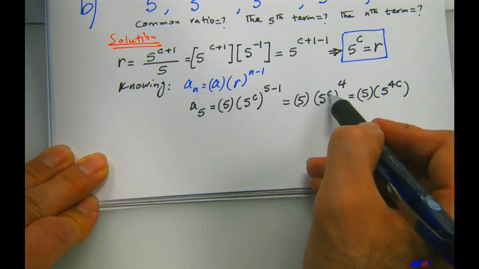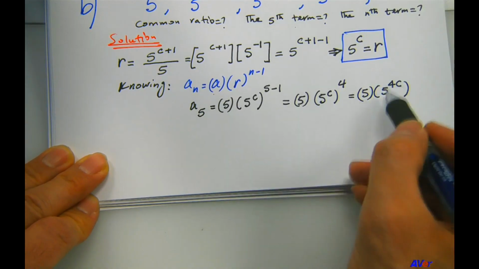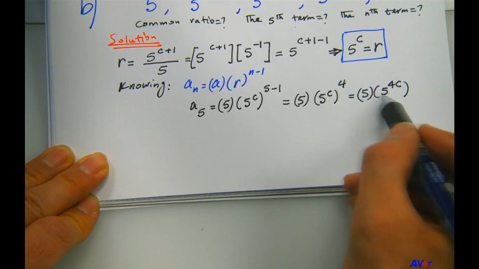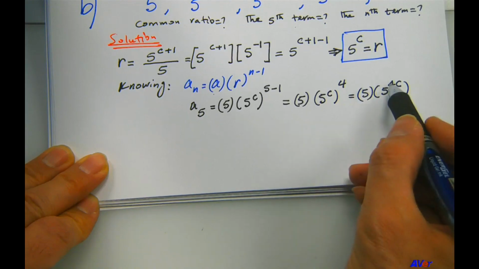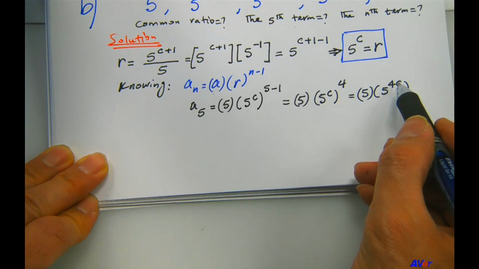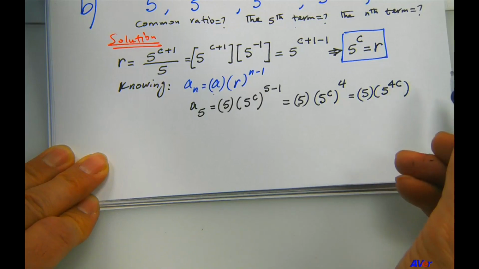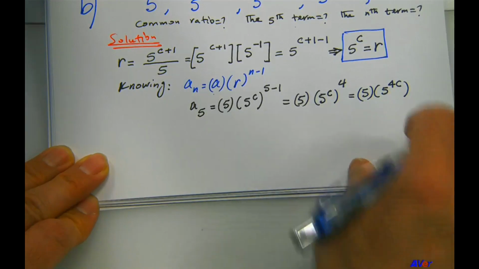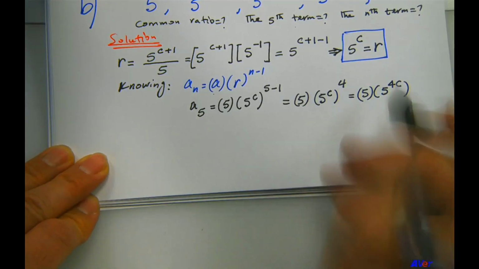I distributed that to that power. Now the bases are the same, and these two numbers are being multiplied, so the powers get added. So 4c plus 1. We can write it like that, or we can leave it like this. It's better to combine it.